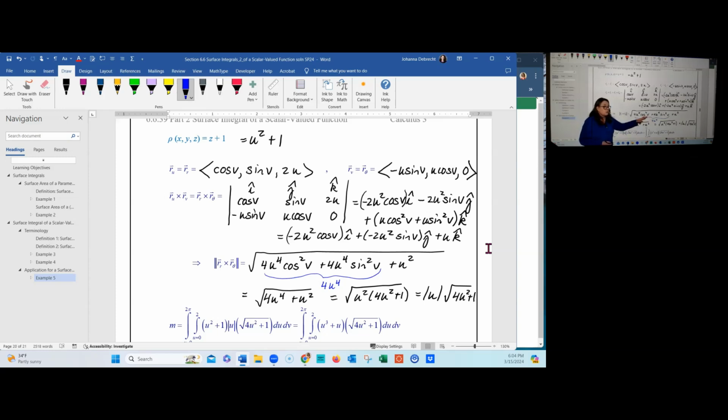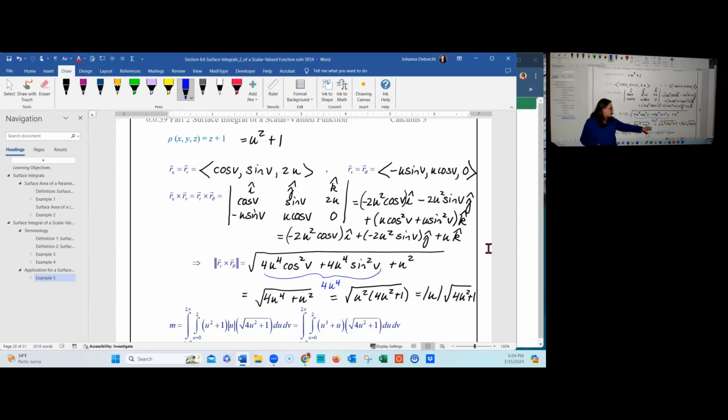The first two terms squared give me 4u to the 4th cosine squared of v plus 4u to the 4th sine squared of v. We take out the common 4u to the 4th, getting another Pythagorean trig identity. So the first two terms reduce to 4u to the 4th. Then we add on u squared.